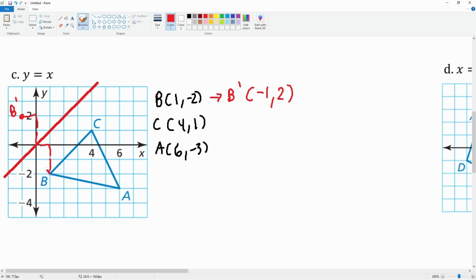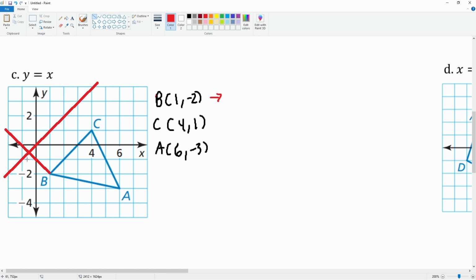Hold on. No, hold on. See, that looks off. Give me a second. So it has to be the same distance here. Yeah, so it is, let's say, here.